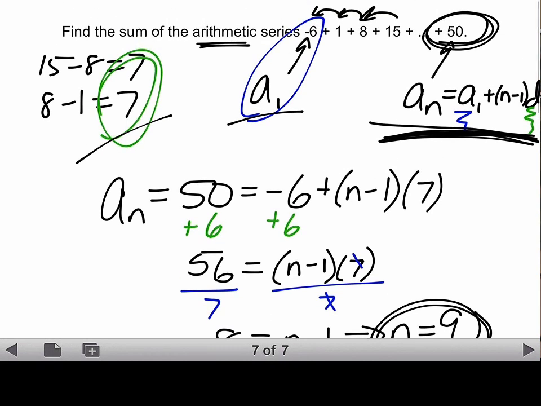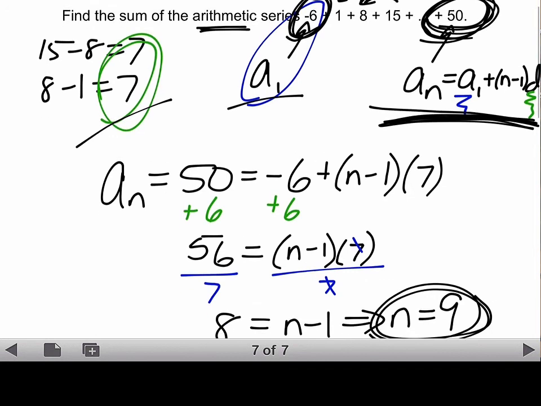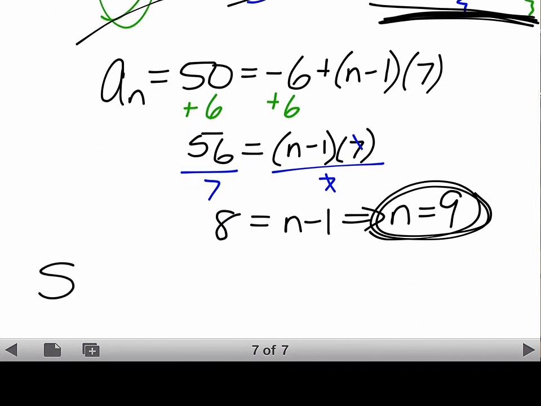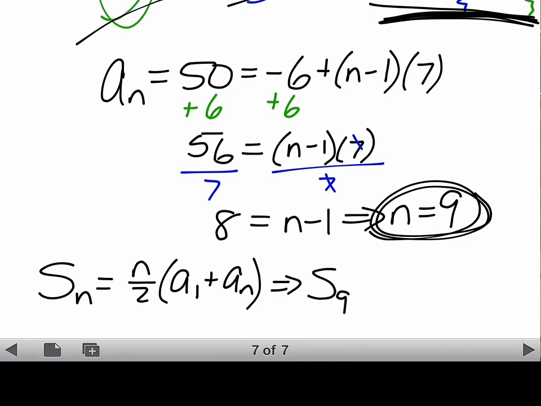If we scroll up a little bit, the first term is -6, the last term is 50, and we had this formula. It was really cool. It was s sub n is equal to n over 2 times a sub 1 plus a sub n. Which means in this case, we have s sub 9, the sum of the first 9 terms, which we found out, is equal to 9 over 2 times a sub 1, which is negative 6, plus a sub n, which was 50.